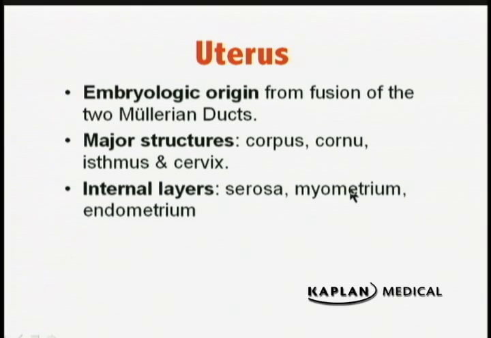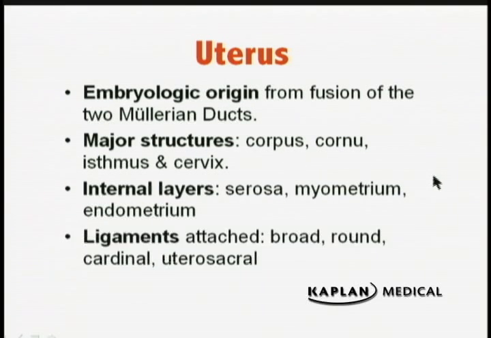The myometrium is a smooth muscle, which is the main part of the wall that contracts with labor, and the endometrium, which has to be very well blood supplied in order for implantation of the early embryo.